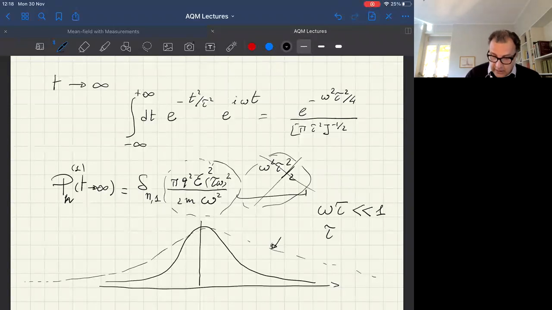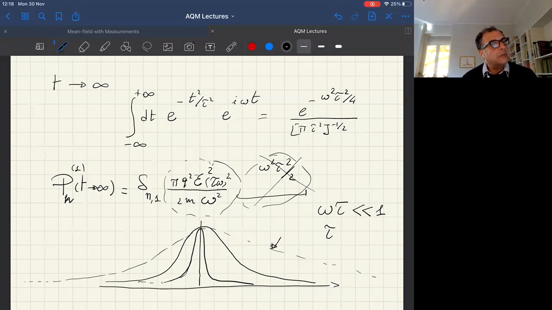When you take this expression for omega tau much smaller than 1, this curve becomes sharper and sharper, and then you are entering in something which is called the sudden limit.